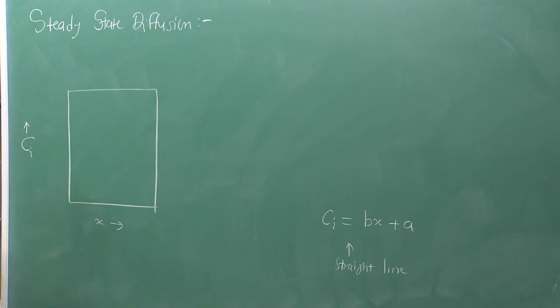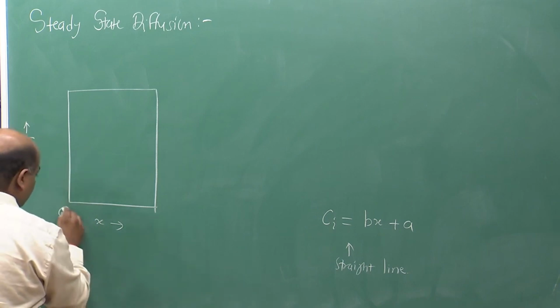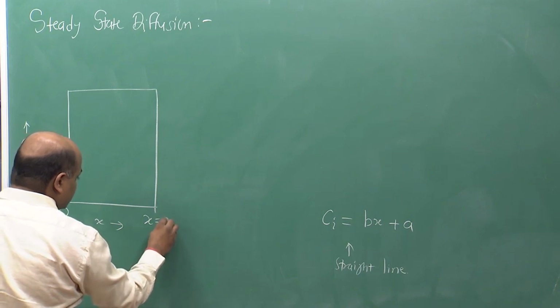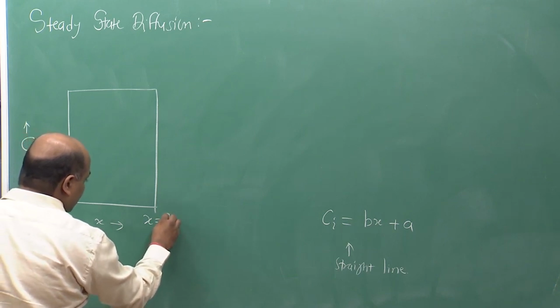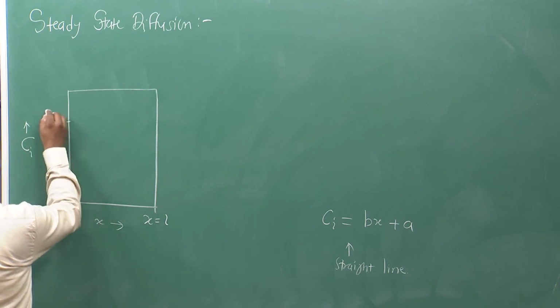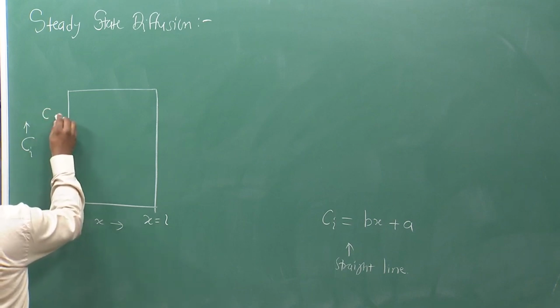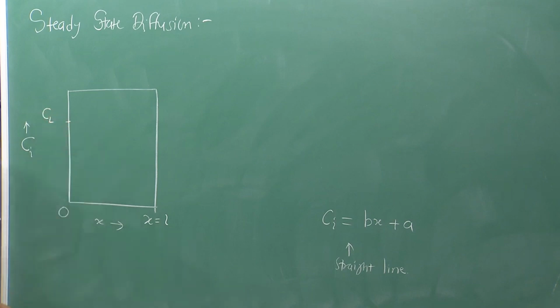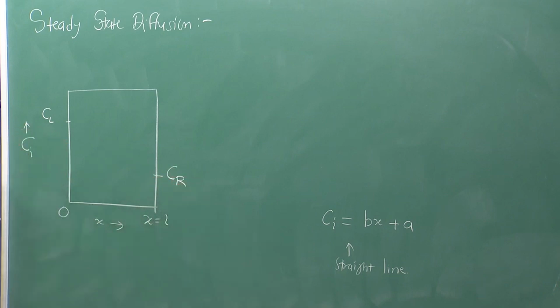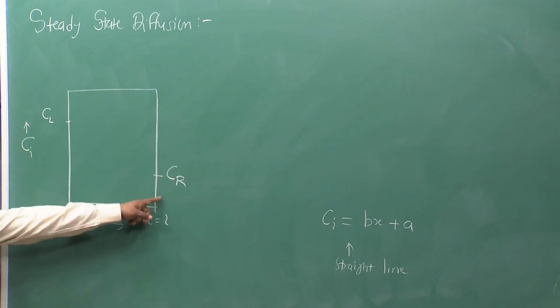If I draw Ci versus x, so this is 0 and this is x equal to L, let us say L is the thickness of the slab, and on one side I know the concentration, let us call it left side concentration Cl, Cr is the right side concentration, and obviously this side is decarburizing.